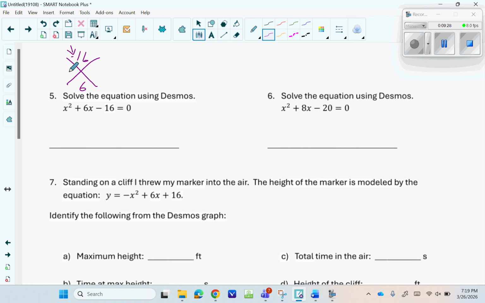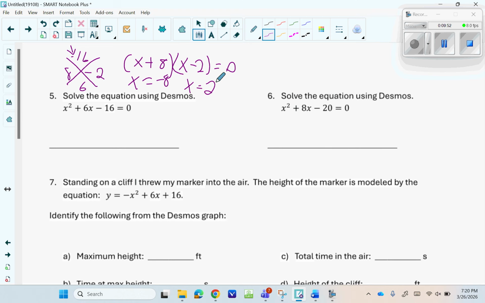So that's going to be, let's see, 8 and 2. And so I'm going to say -2, and I can do the shortcut here. So it would be x plus 8, and then x minus 2. And we would set them both equal to 0. So x is equal to -8, and x is equal to 2.